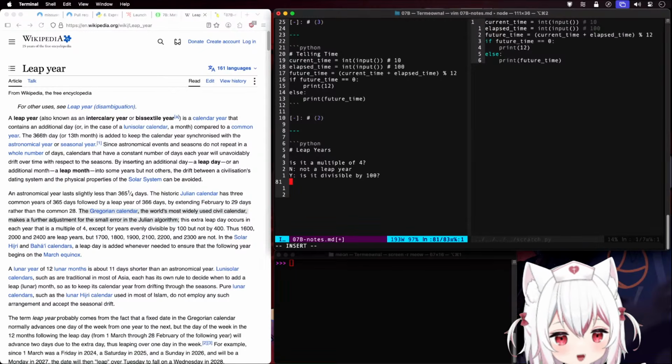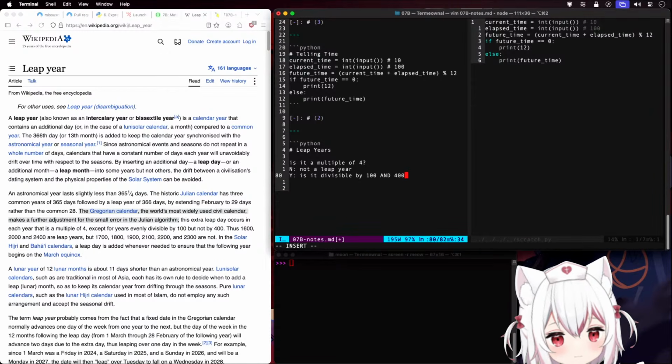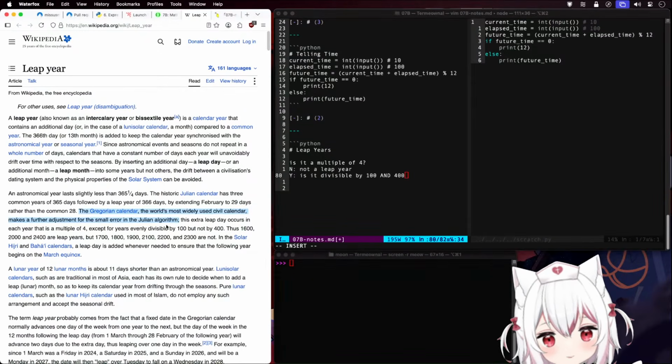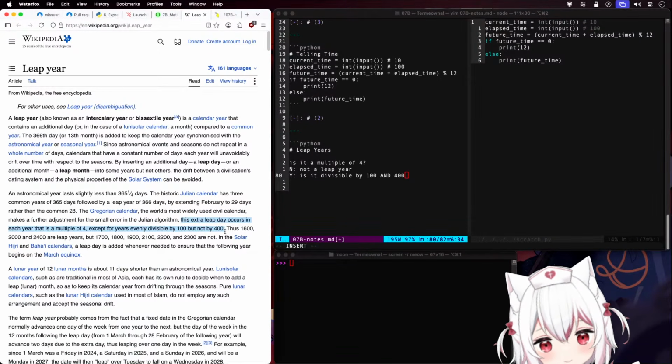Except for years evenly divisible by 100, but not by 400. I feel like the way they worded this is probably really accurate, but I'm getting confused because it's like a double negative.